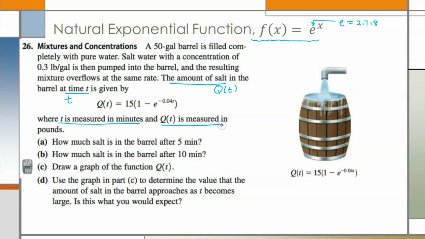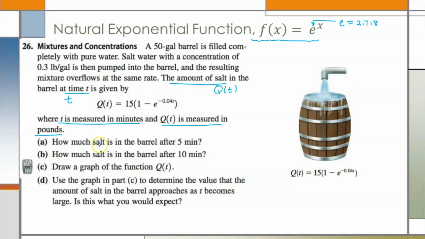Amount of salt, Q of t, is measured in pounds. When we work with application problems, it's very important to identify your variables and know what they represent. When a problem asks you to find this, if you plug in that, knowing what your variables represent makes things a lot easier.